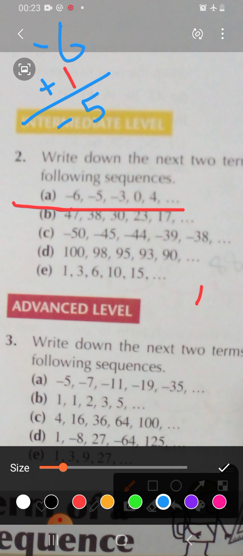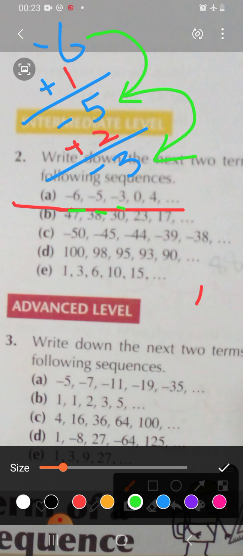And then if we add 2, we get -3. So far -6, then -5, then -3.